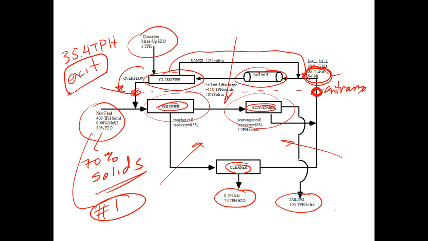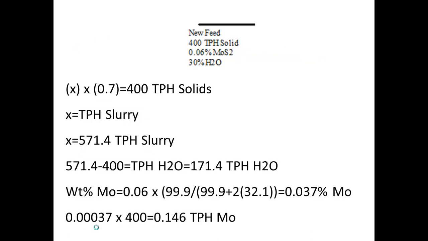Once again, there's 400 ton per hour solids. There's a mineral grade of 0.06, 30 weight% liquid, and 70 weight% solid in that new feed.